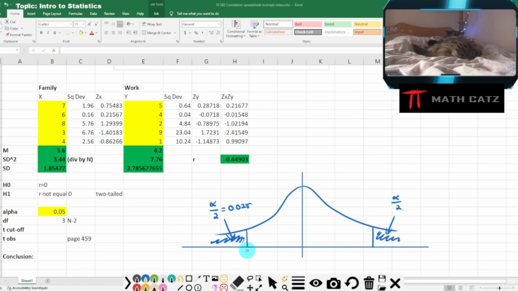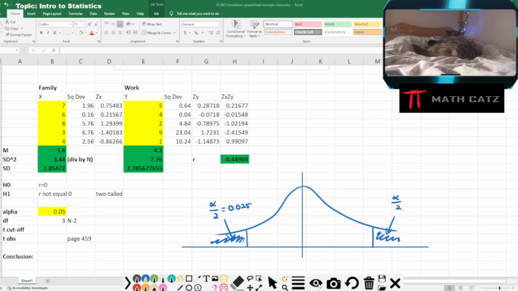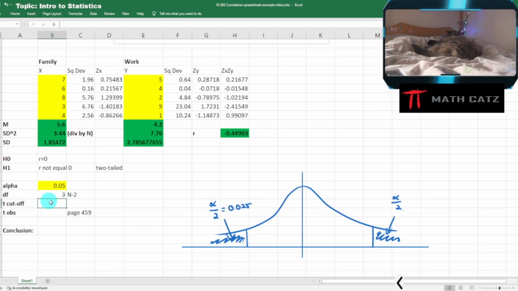So my T cutoff will sit over here and over there. So let's, oopsie, I need to go back to my cursor, like so. Let's calculate that. Now you could use your textbook and look it up in a table, but another benefit here is that all those tables for the distributions are already built in.